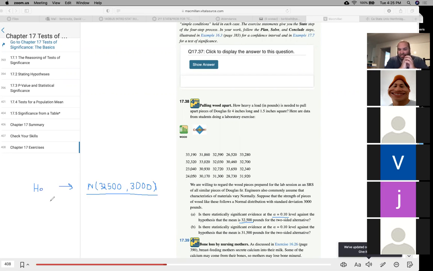It's what I'm testing against. So if I were to write it out formally, the null hypothesis is claiming that the true population mean is equal to 32,500, versus the alternative hypothesis that the true population mean is what? What is the alternative in this case?